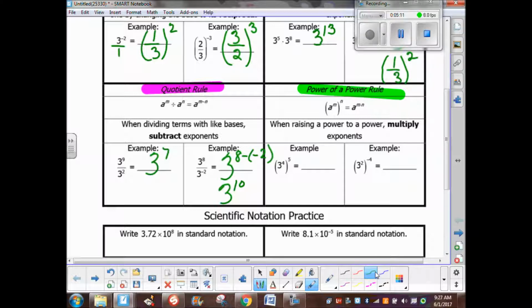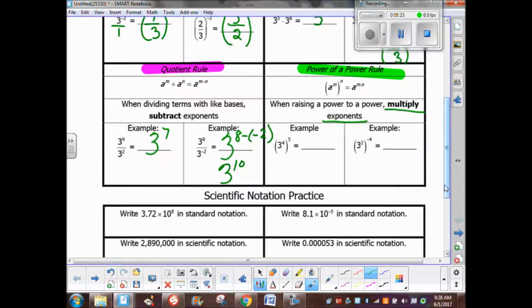Multiply the exponents. So 3 to the 4th to the 5th power. Lucas. 3 to the 20th. Okay.